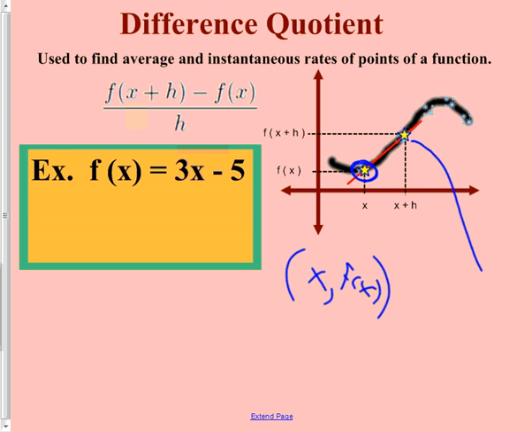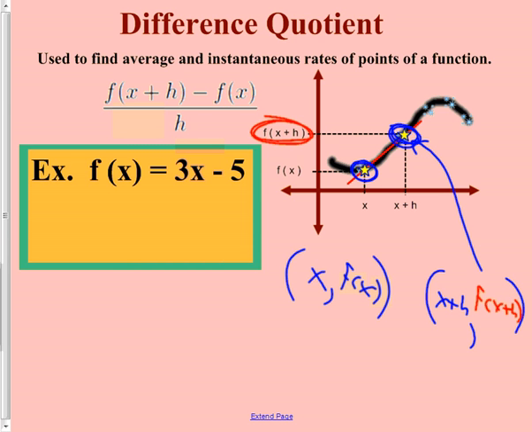What's this guy's location? It's, again, an x comma y, but what's the x in that case right here? X plus h, comma, what's the y right there? That, right? F of x plus h.